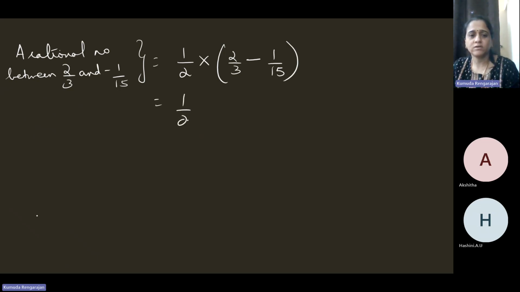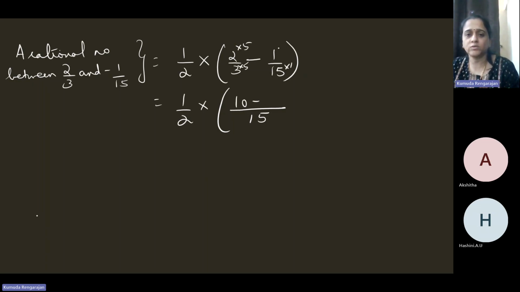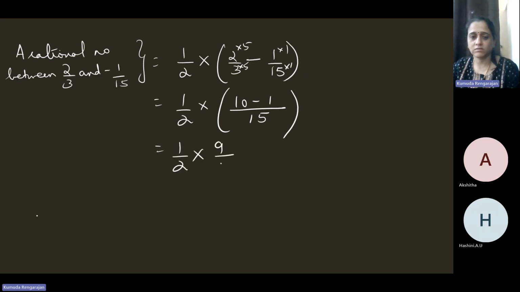So it is half into, LCM is 15, into 5, into 5, 10, minus 1 into 1, 9 by 15. 3 3s are 9, 3 5s are 15. So it is 3 by 10.